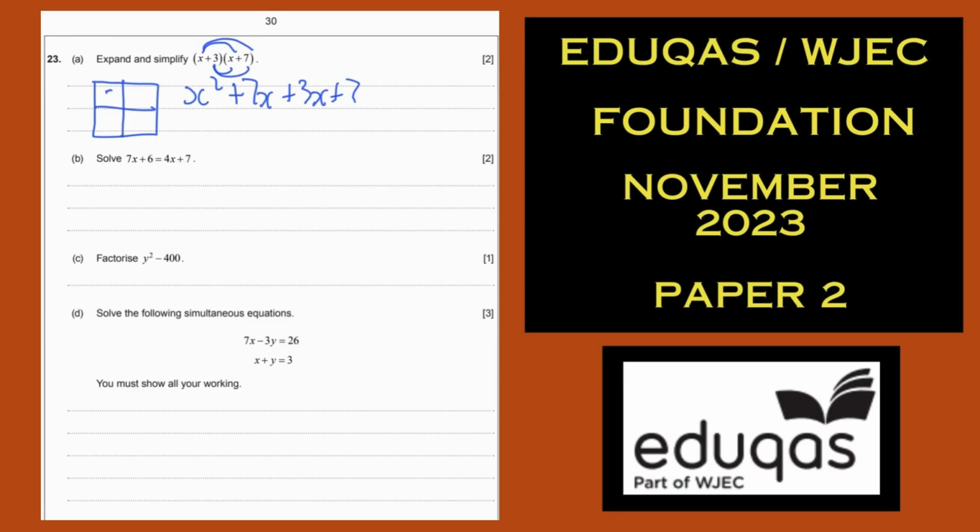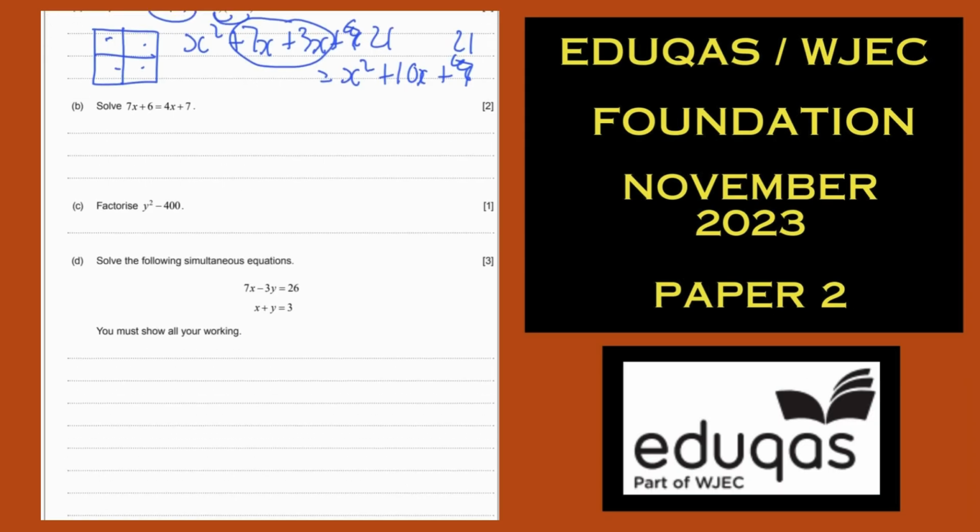If you did a grid, these would be what's in each of your squares, or rectangles, whatever, who cares. But it needs to be simplified. X squareds, your x terms, it's all positive, add to make 10. And there we go. It's been simplified. What am I doing? Come on, Al. 7 times 3 obviously is 21. Oh dear. There we go. No one saw it. Move on.